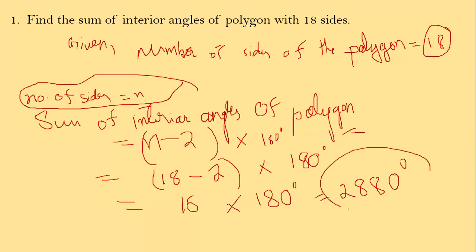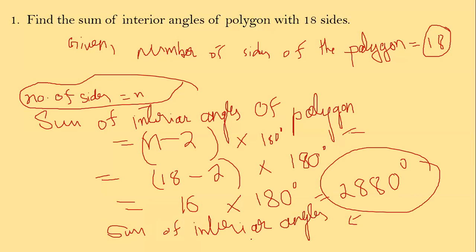And this is the sum of interior angles of a polygon with 18 sides.